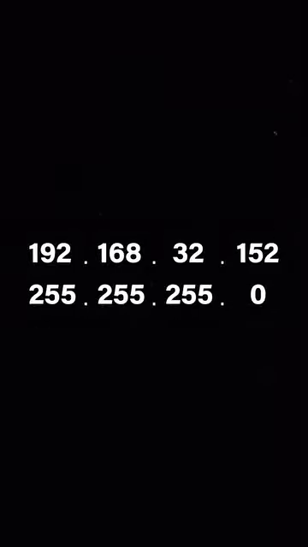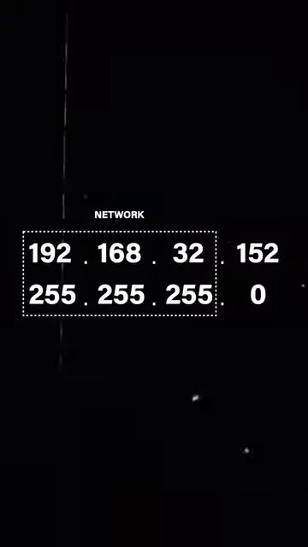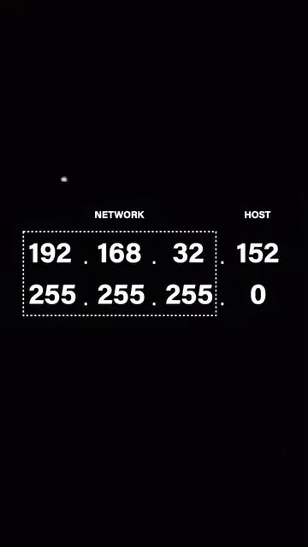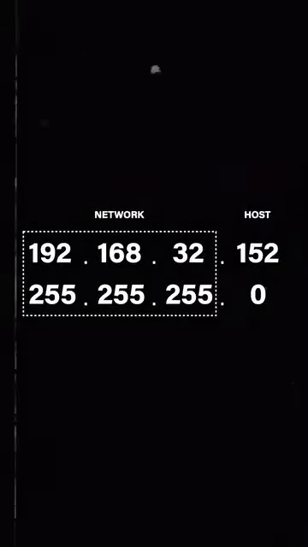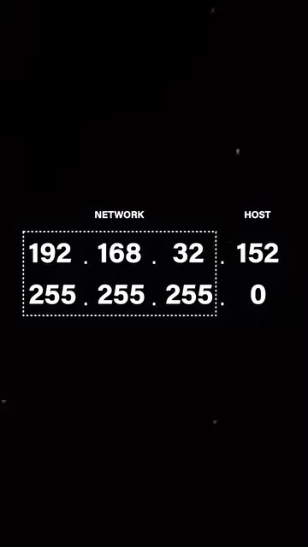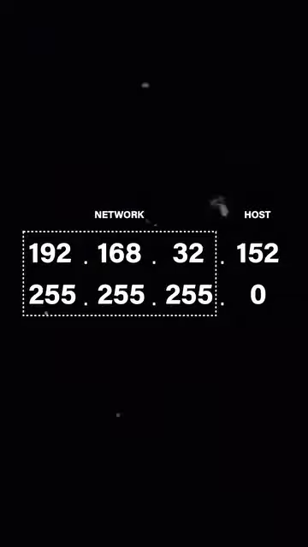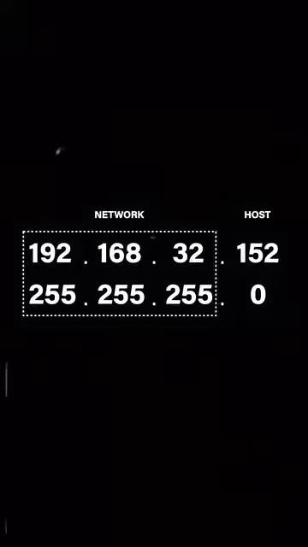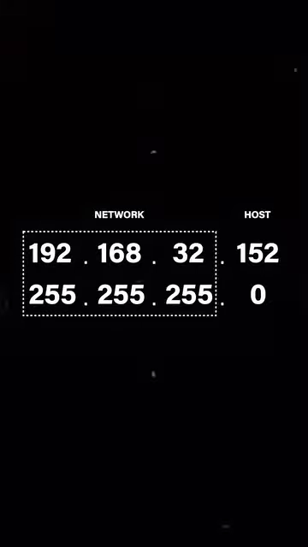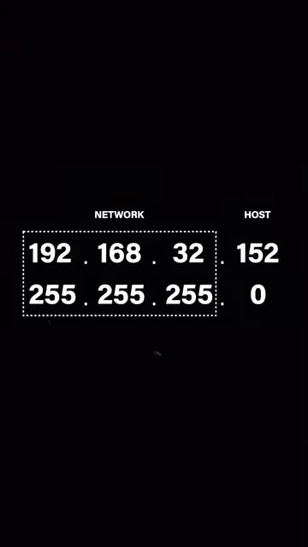A subnet mask is always paired with an IP address, and is used to identify the network section and the host section of the address. In its simplest form, whenever you see 255, this is the network part of the address. Whenever you see a 0, this is the host part of the address. It can get a bit more complicated than that, but we'll look at that later on down the line.